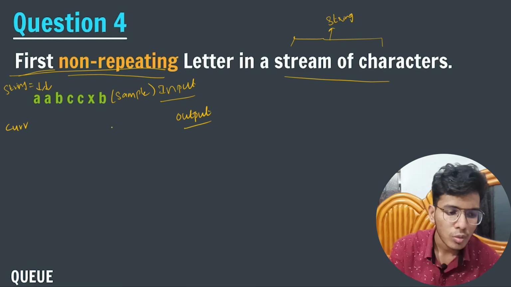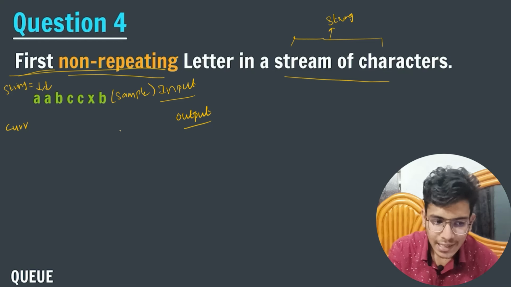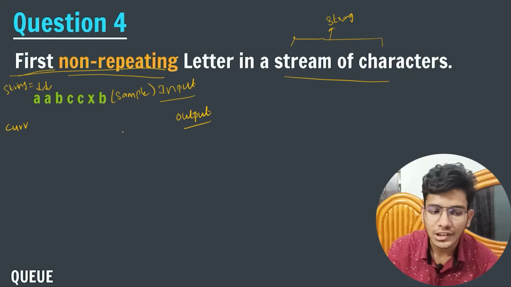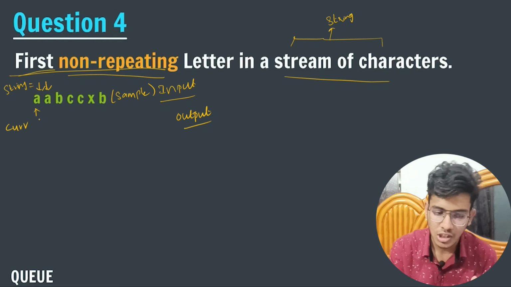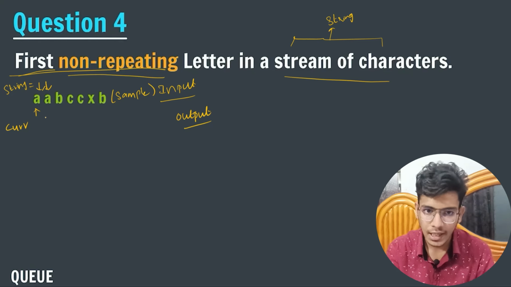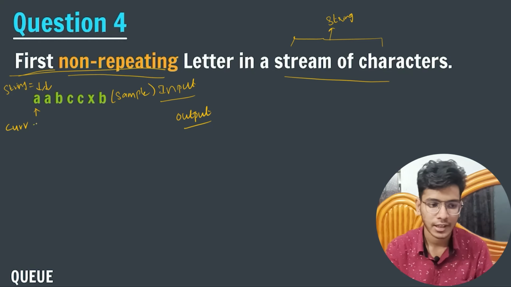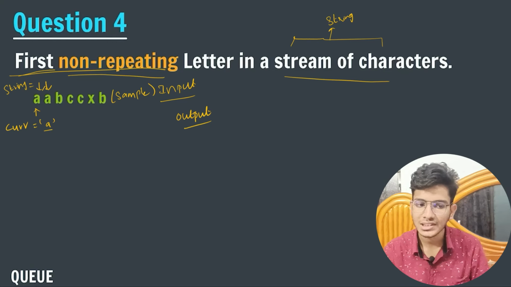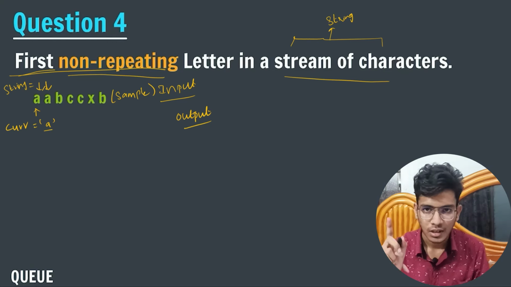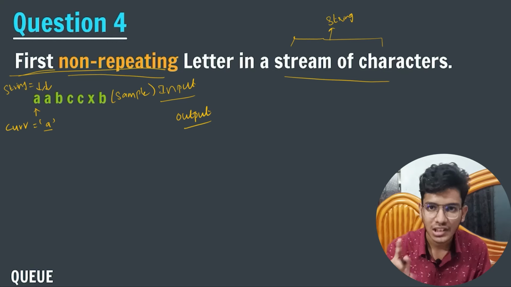So what I will do is, first of all, I will iterate through each and every index of my sample input. That is, first of all I will iterate through the first character A, and I will add that into my current. So my current will be A. So in this current, what is the unique character? There is only one character, and that is unique.